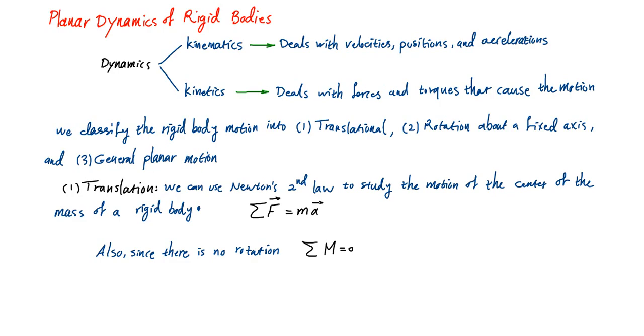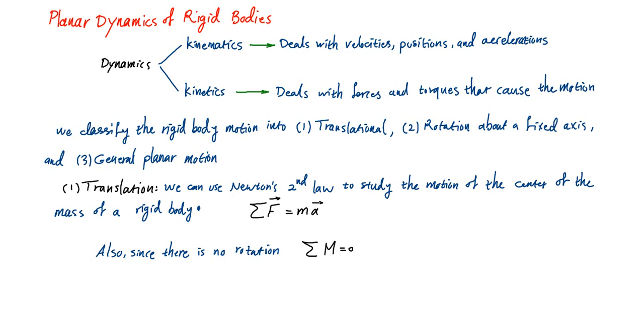Since there is no rotation, this means that if we sum up all the moments created about a specific point on a rigid body because of the forces applied to that rigid body, that sum should be zero.